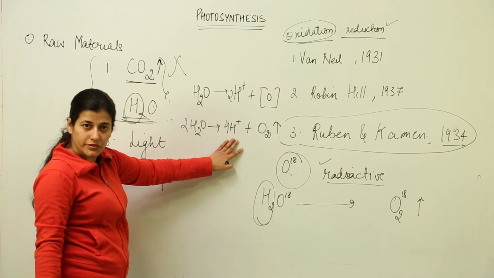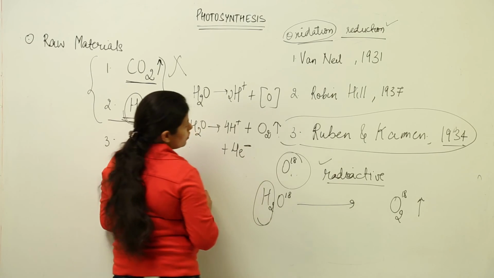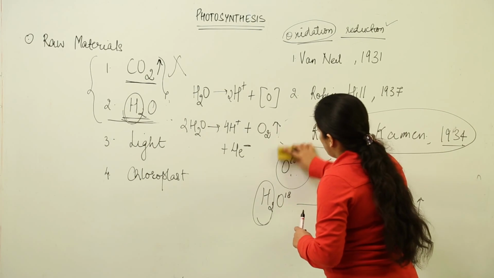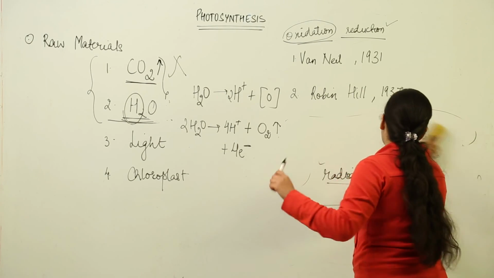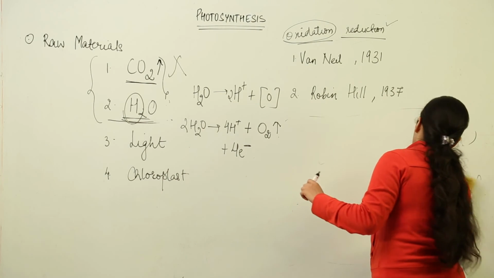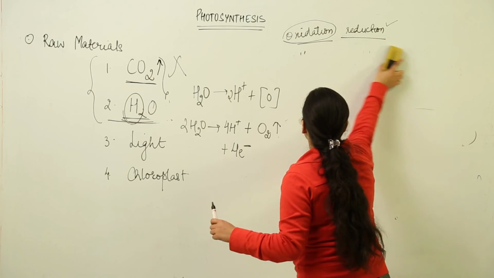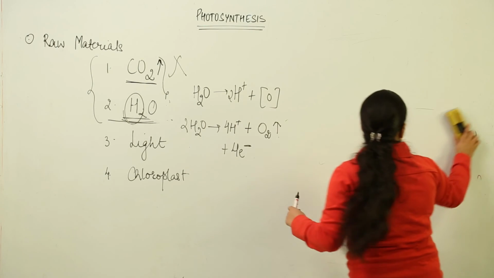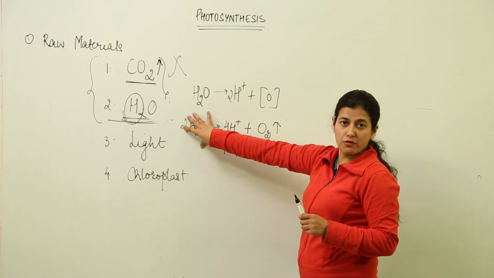Now when 4 protons are released, we have 4 electrons which are also being released. So this is the raw material water that we have talked about, and its role was proven by a few scientists who had experimental demonstrations to show that it is ultimately water which acts as the source of oxygen as well as the source of protons, which come by splitting of the water molecule.